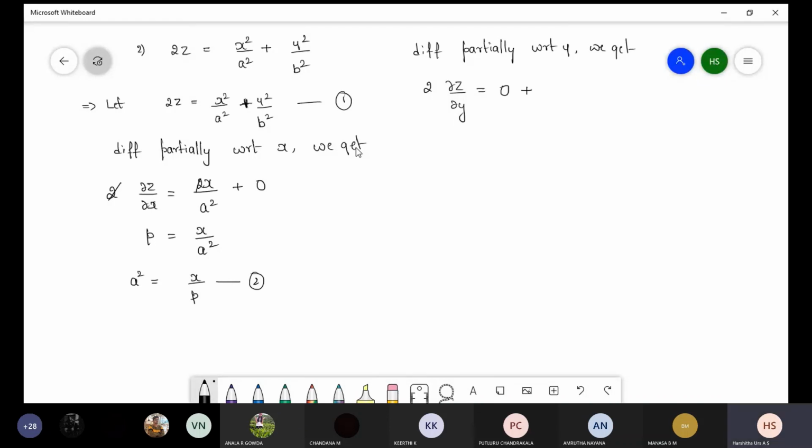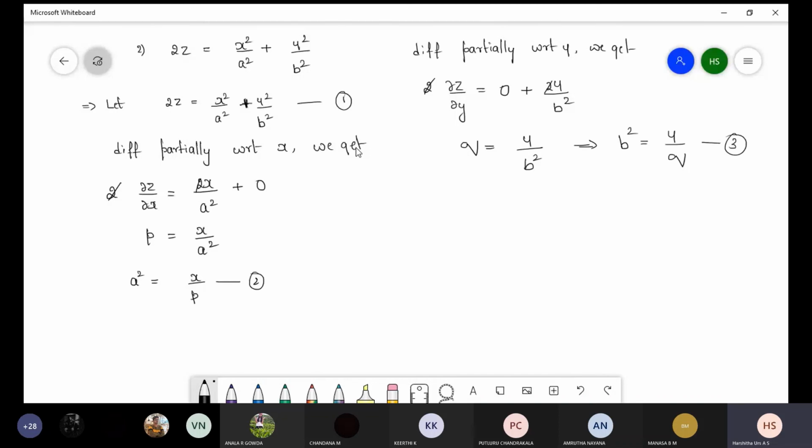What is the differentiation of y square? 2y. Very good. 2y divided by b square I will write as it is. 2 will get cancelled. Dou z by dou y is q, is equal to y by b square. So we need a constant value, that is b square is equal to y by q, to eliminate. I call this one equation 3.